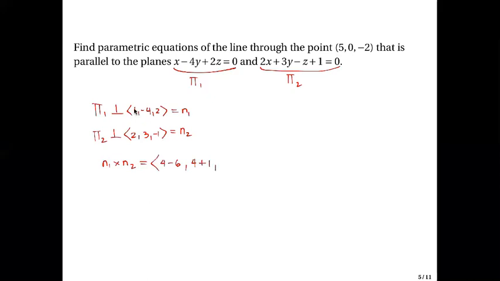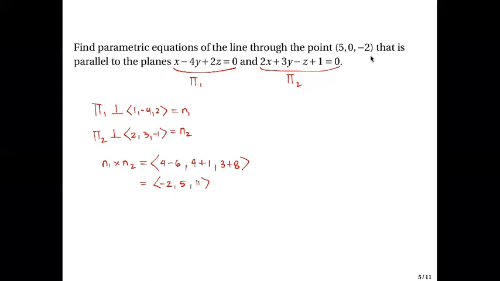And for this, we have 1 times 3, that's 3, minus 2 times negative 4, that becomes negative 8, so this becomes plus 8. So if we simplify, we have negative 2, 5, 11. So we can use this vector to be the vector parallel to the desired line.